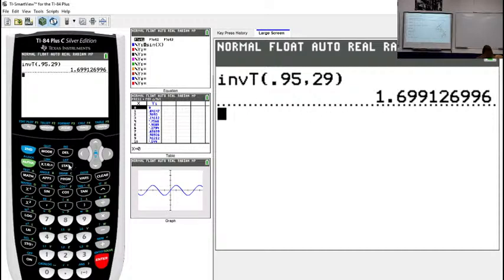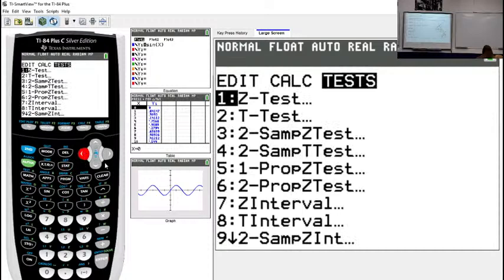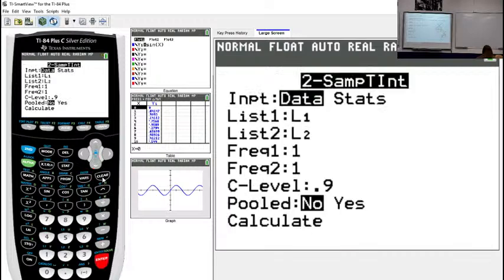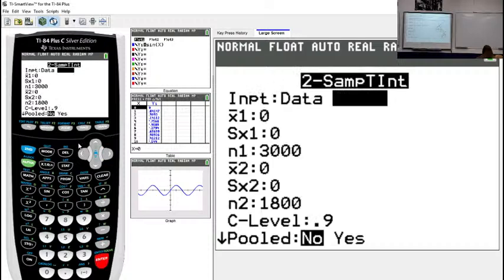Stat, tests. Oh, not tests, intervals. 2-sample t interval. Did I put data in list 1? No, I have stats to give you. Then you would put in all these means, standard deviations, and sample sizes.